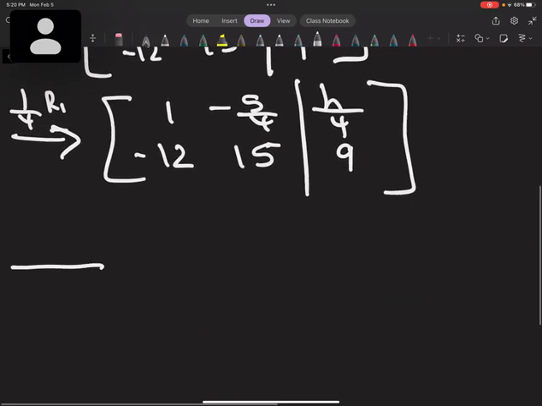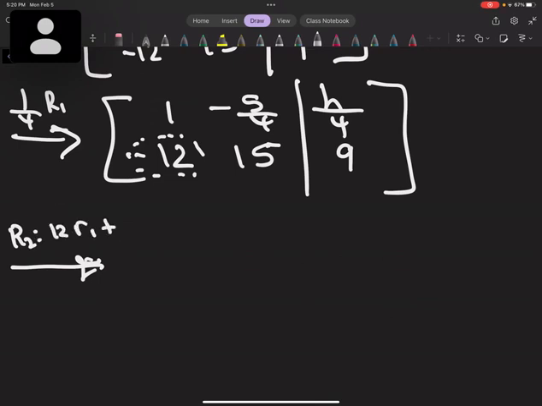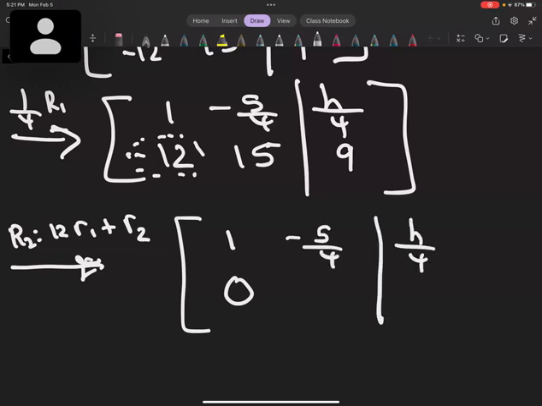Now you need to get a 0 over here. So row 2 is 12 times row 1 plus row 2. Minus 12 row 1 plus row 2.